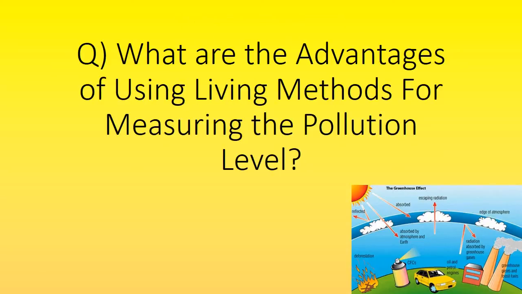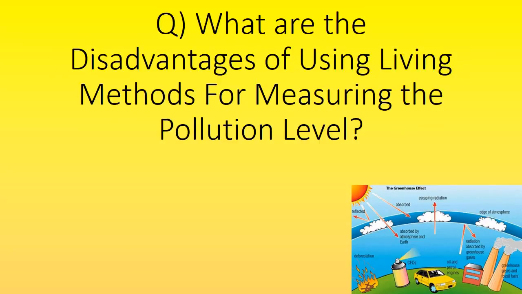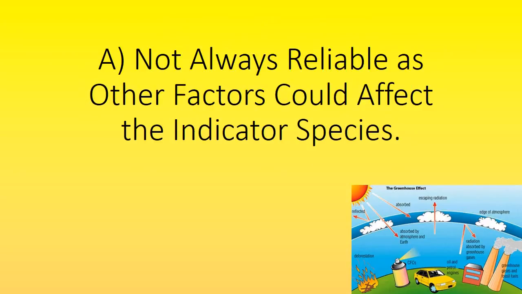What are the advantages of using living methods for measuring the pollution level? Quick, cheap, and easy. What are the disadvantages? Not always reliable, as other factors could affect the indicator species.